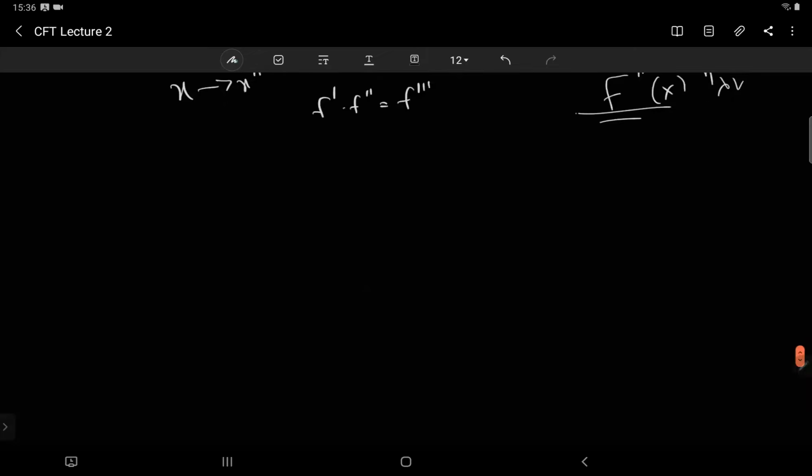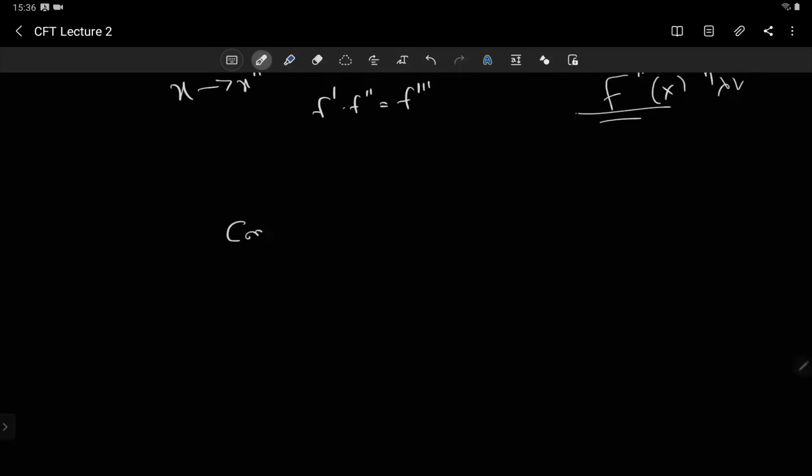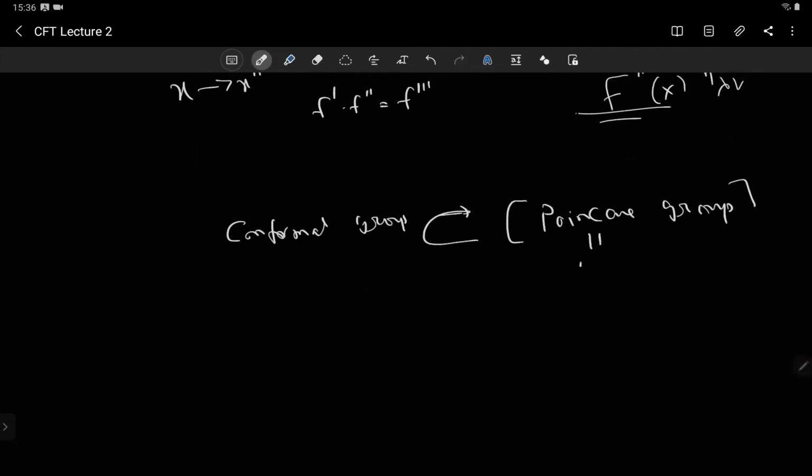Let's call this the conformal group. The Poincare group is a subgroup of this. Poincare means Lorentz plus a translation.